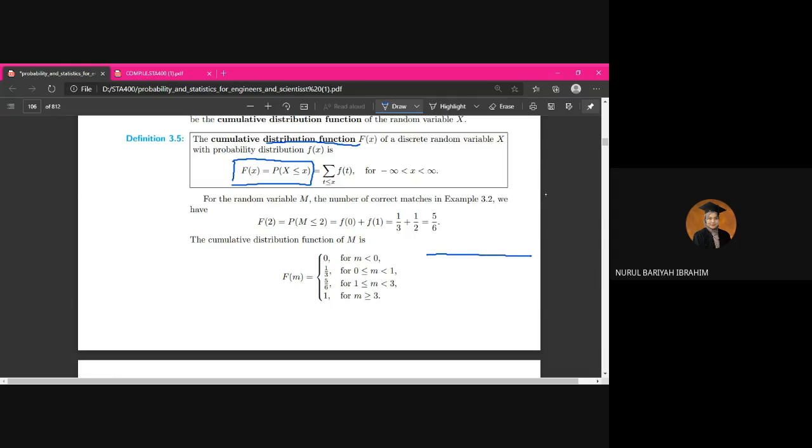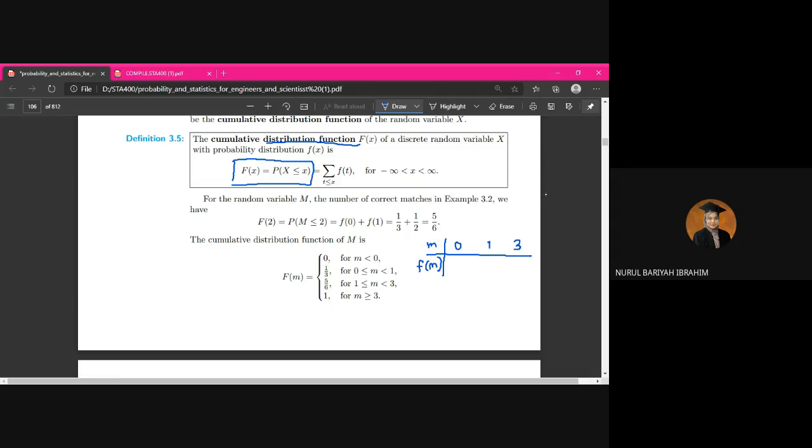Dia punya PDF table adalah dia punya small m, which means the possible values for the random variable are 0, 1 and 3. And dia punya small fm, which is the probability for m to occur. Okay, for m0, for m1, for m3 to occur.